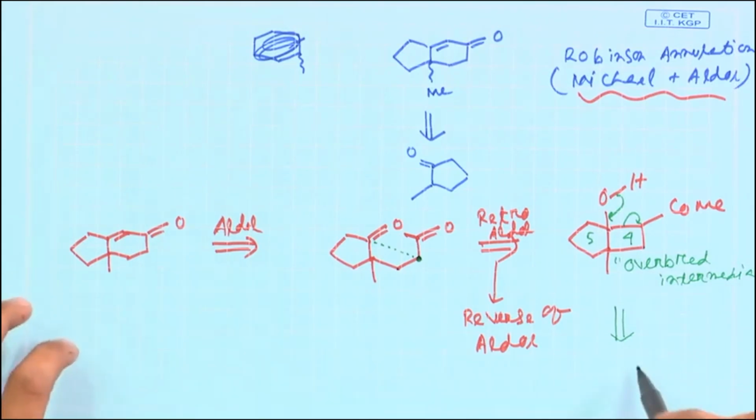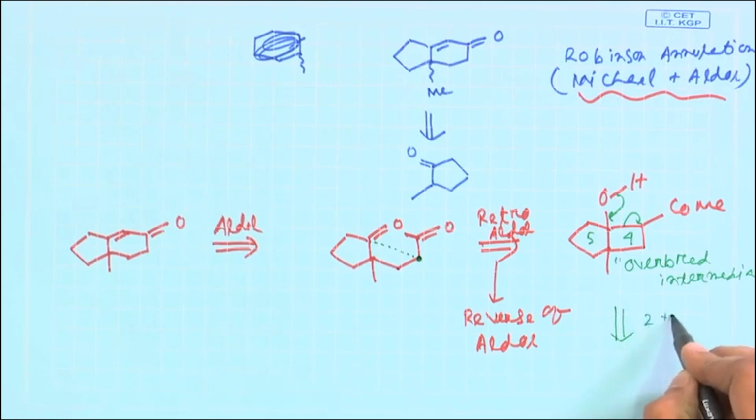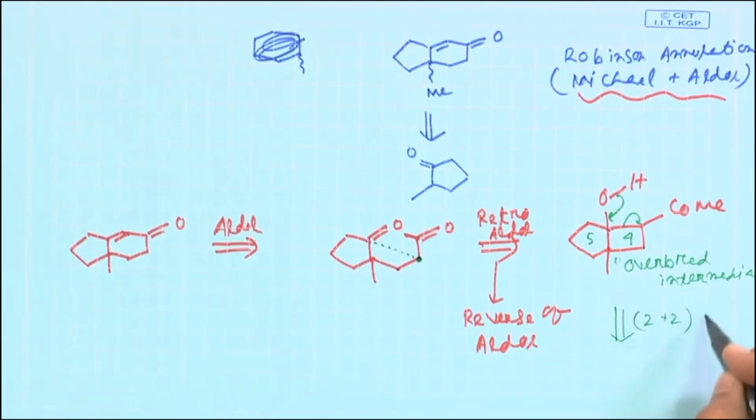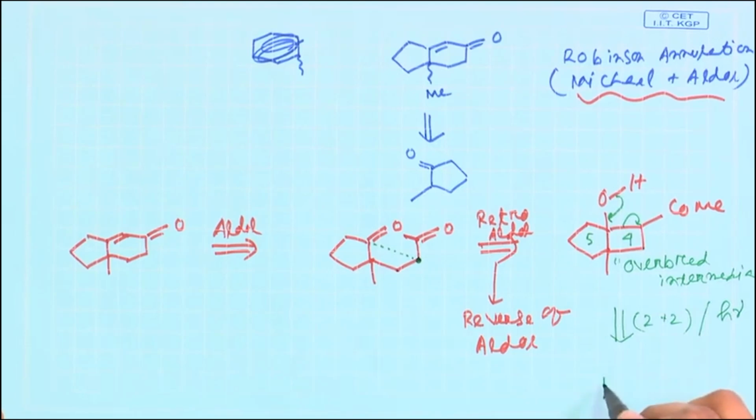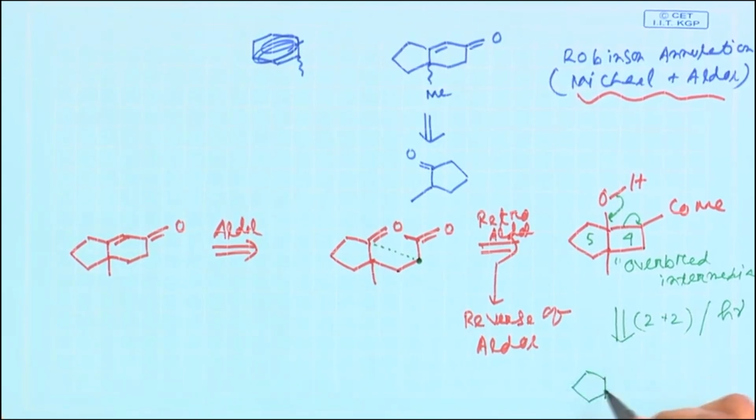Fine. So, now whenever you have a choice to make a 4-member ring, my suggestion is straightforward, go to a 2+2 photochemical reaction. That is probably one of the best reactions available in the literature or available to the synthetic organic chemistry community. So, now you can easily find out what is the 2+2 retro.